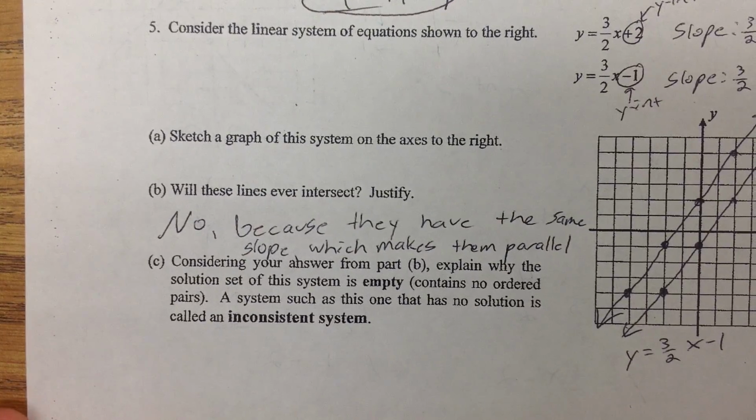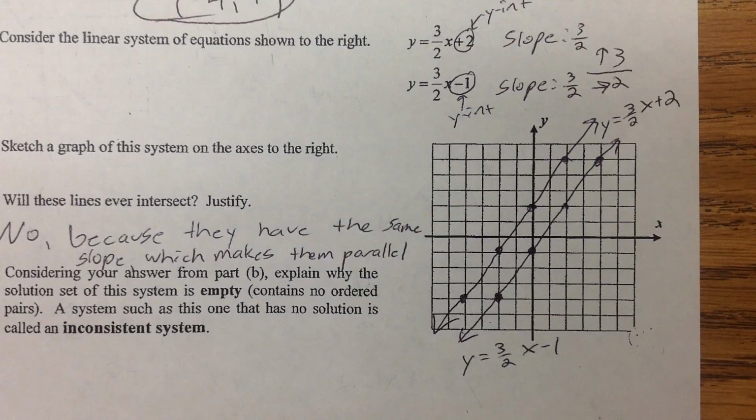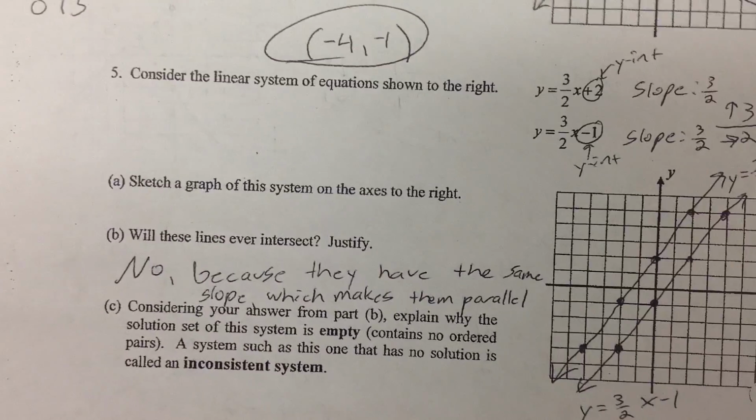Right? The solution set is empty because they never intersect. If they don't intersect, there's no point that's going to work for both equations. Each equation has an infinite number of points that works for it, but there's no one single point that's going to work for both equations.